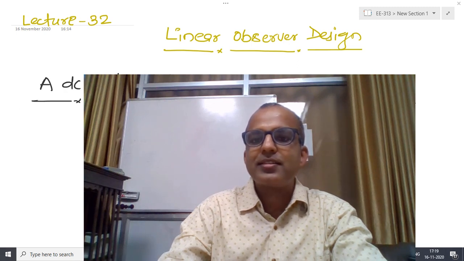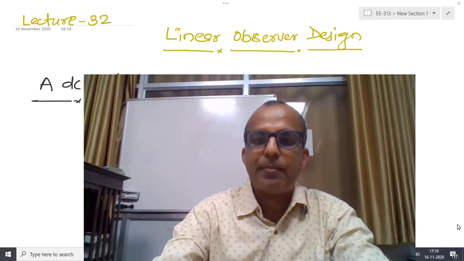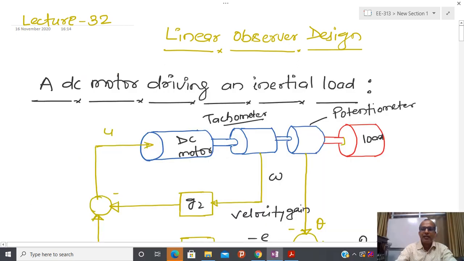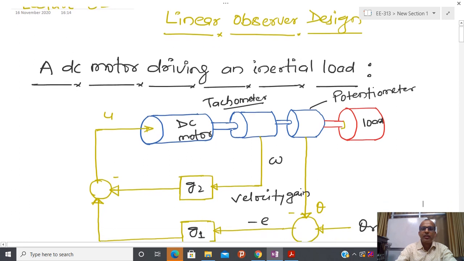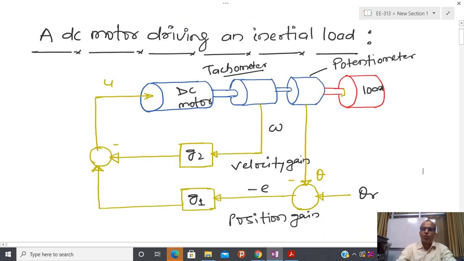So let us start this lecture with a very simple practical example. During the starting of this course, we have already seen this example. I have taken the example of a DC motor driving an inertial load.